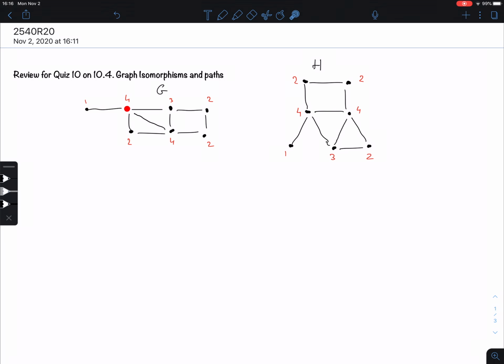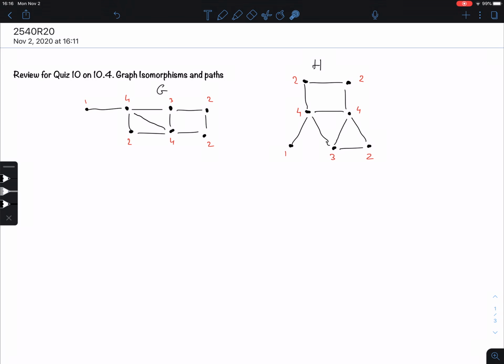If you take the neighborhood of this degree 4 here, it has a 1, a 2, a 3, and a 4 neighbor. So it has neighbors of each type, and this one does the same thing, and this one doesn't. So that already tells us that this degree 4 is different than this degree 4, and the same here, right?